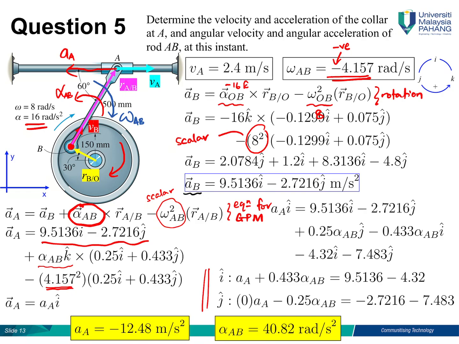So this is totally normal. This can happen. The angular velocity is in clockwise direction, whereas the angular acceleration is in counterclockwise direction. So this will be the final answer for this type of question.